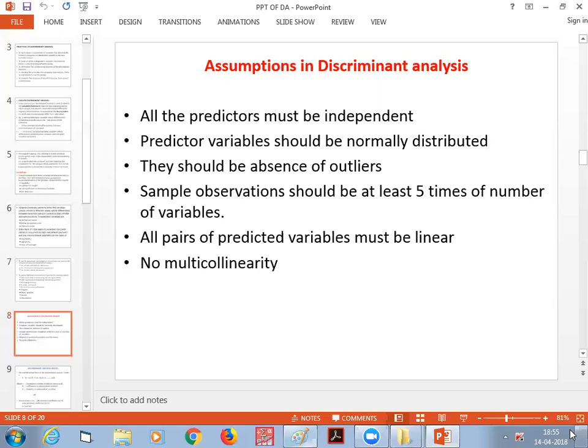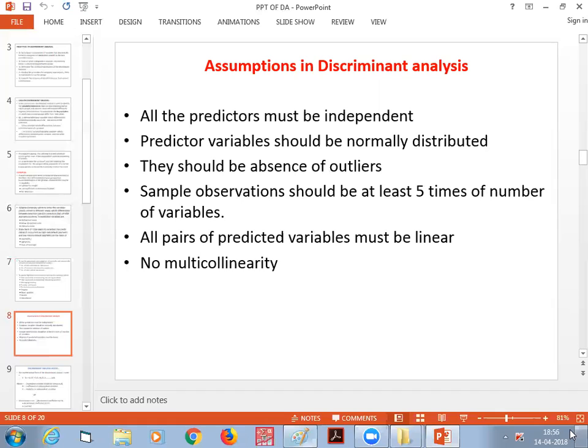Suppose the same people who are using it on weekdays, the same percentage of people are using it on weekends also, then why do you want separate variables for time spent on weekdays and time spent on weekends? You can take any one of them because both of them are sharing the same information. So that is the problem of multicollinearity.